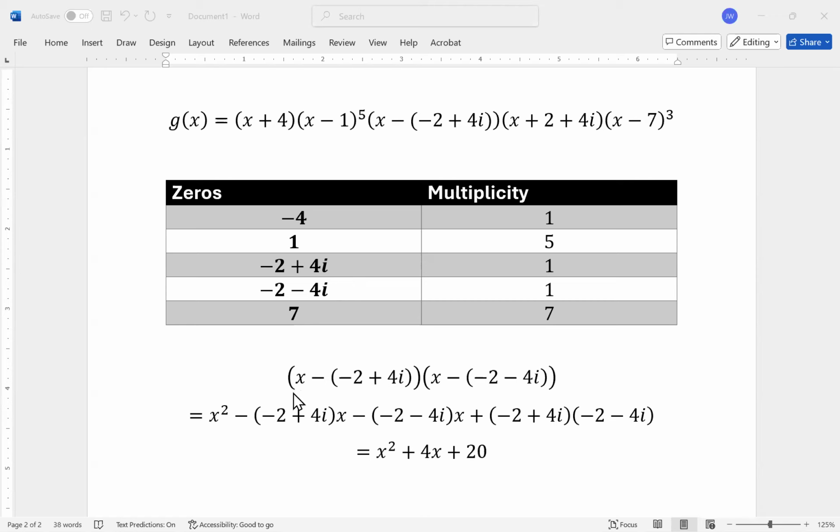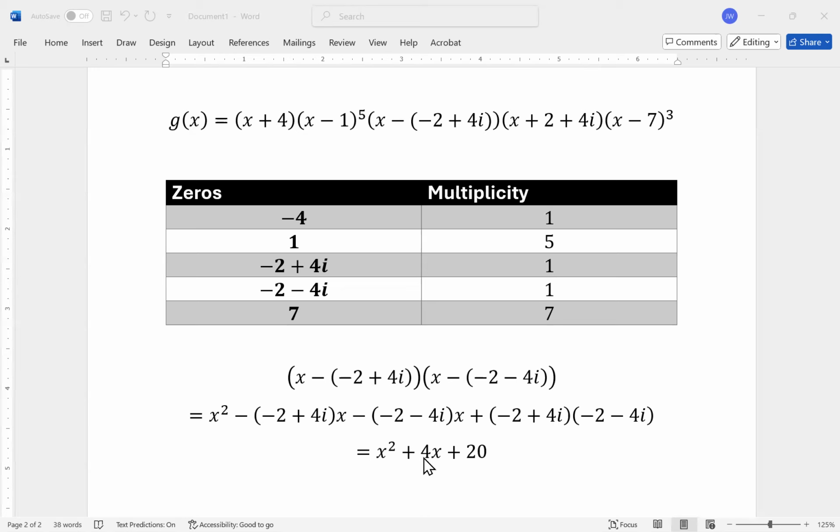And if we set x minus the first complex root multiplied times x minus the second complex root, so x minus the first value, x minus its conjugate pair, then when you do the multiplication, these complex parts of the plus 4i and the minus 4i will cancel each other.